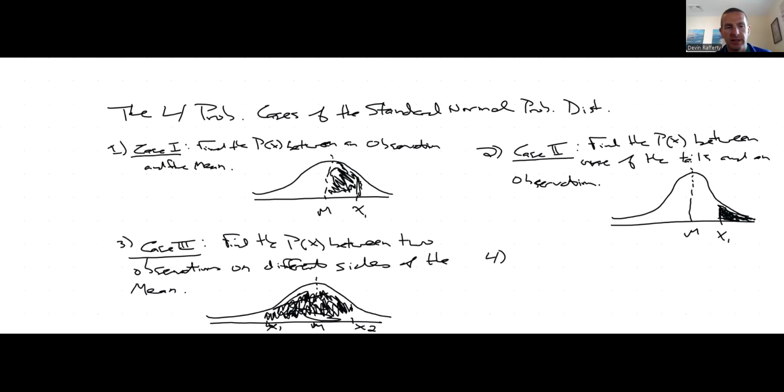And then finally, case four is when we want to find the probability, find the P of X between two observations on the same side.